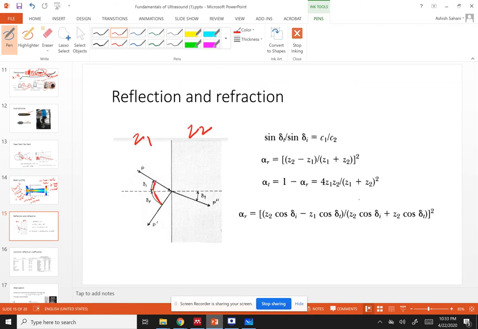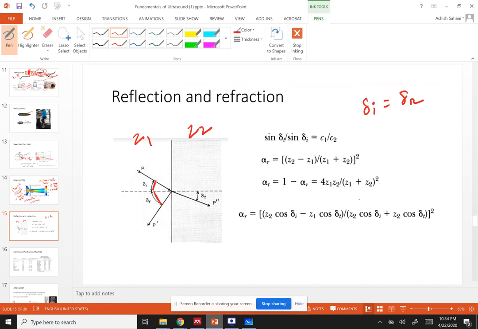So delta I is equal to delta R. So when a sound is incident over a transition zone where the material is transiting from one acoustic impedance to another acoustic impedance.